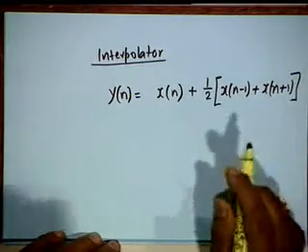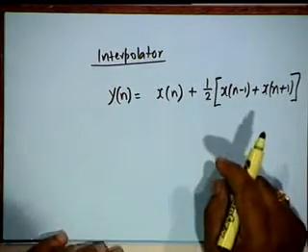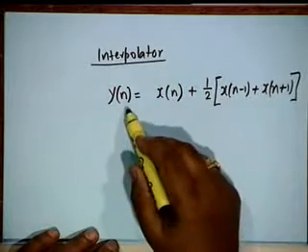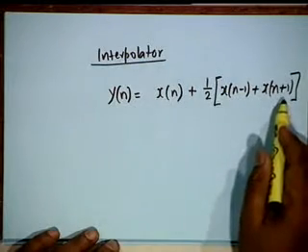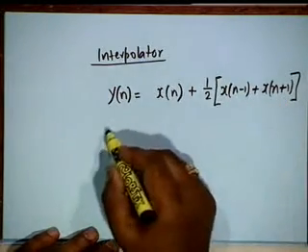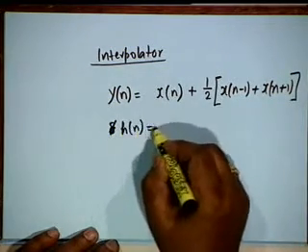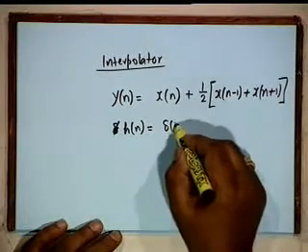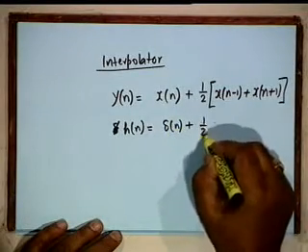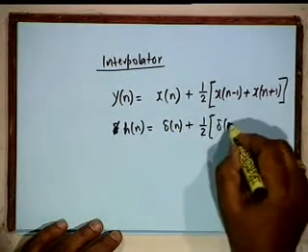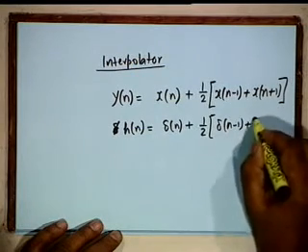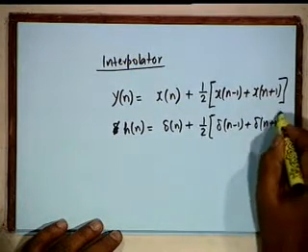Obviously, this is a non-causal system because the present output depends on a future input. What would be its impulse response h of n? It would be simply delta n plus half delta n minus 1 plus delta n plus 1.